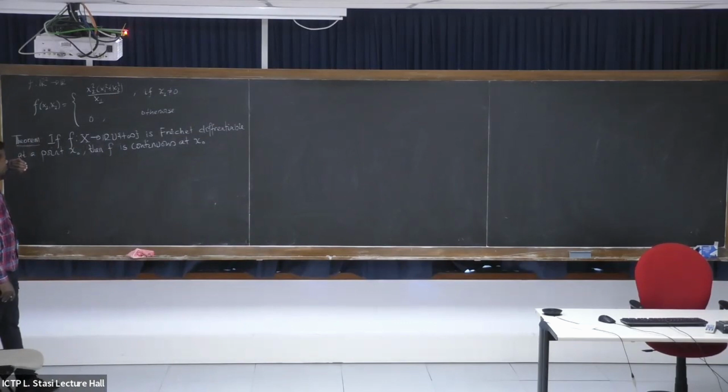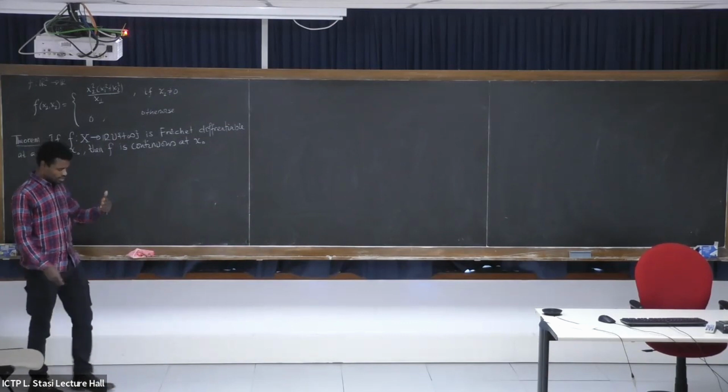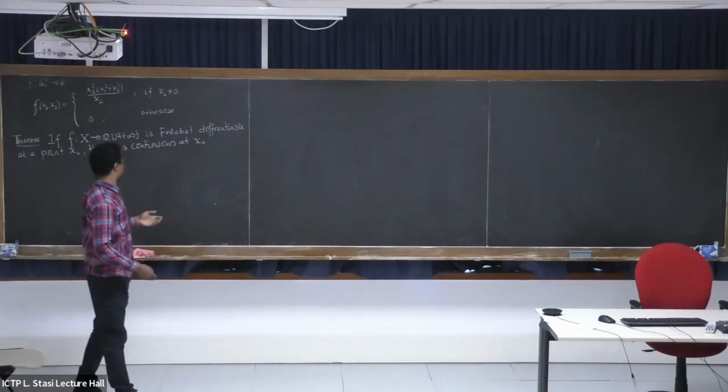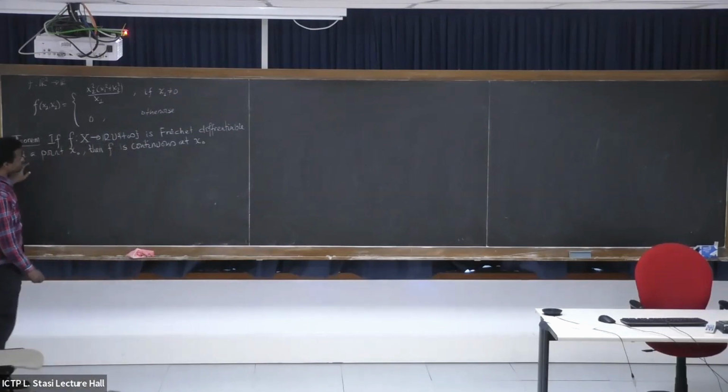So the simplest way which I found, a simple supporting statement to show that certain functions fail to satisfy Fenchel differentiability, I would like to state as this theorem.